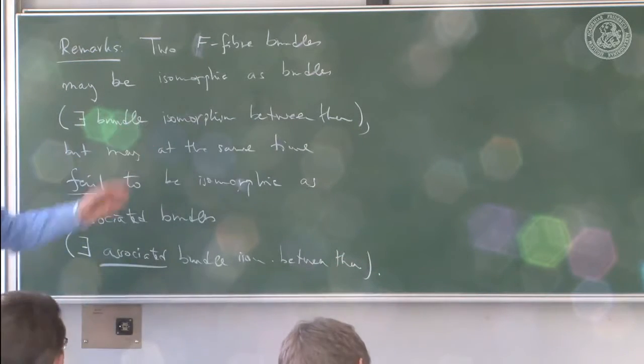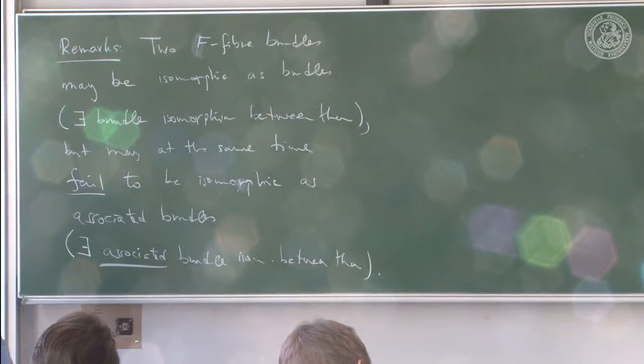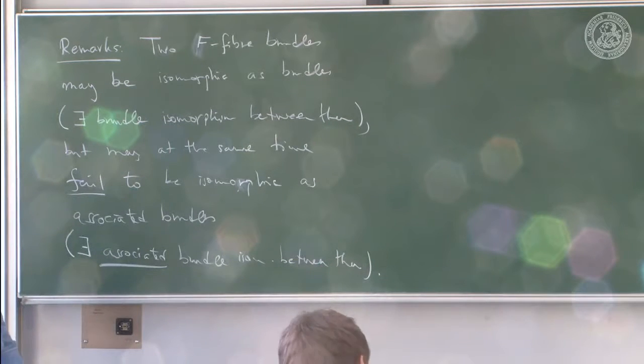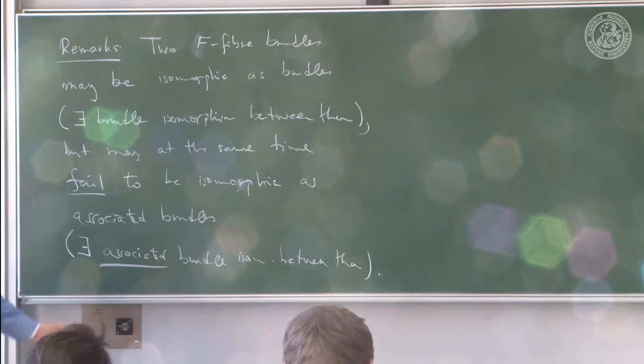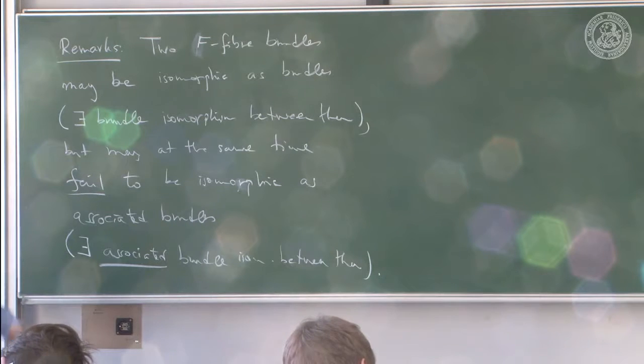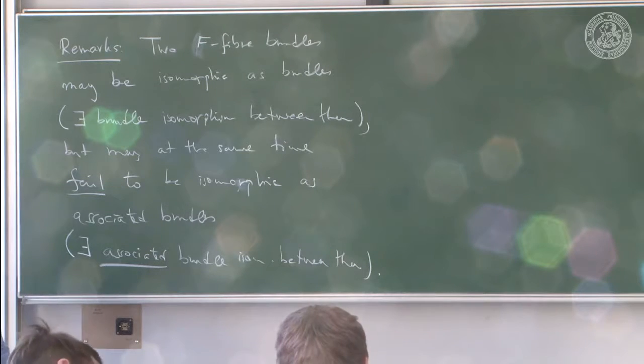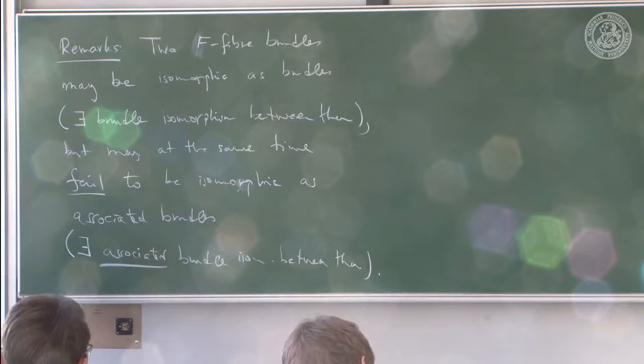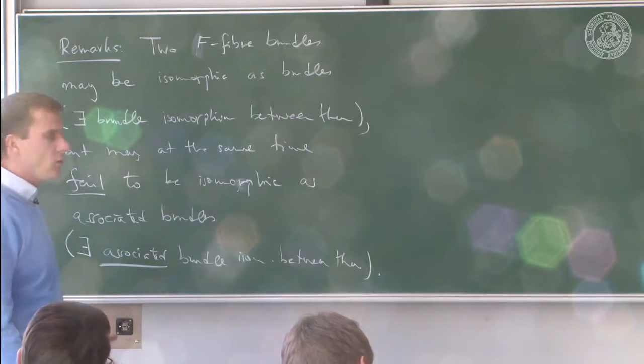And that's the whole point of the previous definition. There are fiber bundles, these associated bundles. They're F fiber bundles, but two fiber bundles that as bundles are the same are not necessarily the same as associated fiber bundles. Okay? Because there's more structure.